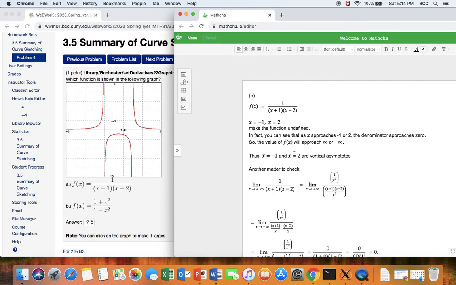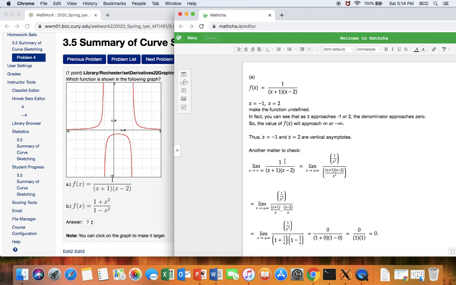Another matter to check: what happens when x approaches infinity, either positive infinity or negative infinity, of this fraction. Well, this is a rational function, polynomial over polynomial. The degree of the denominator is x squared, so I'll divide the numerator and denominator by x squared.